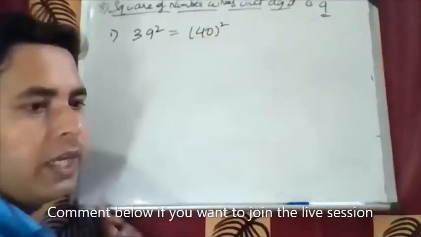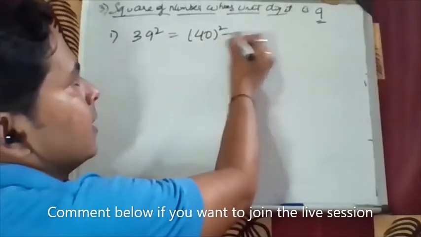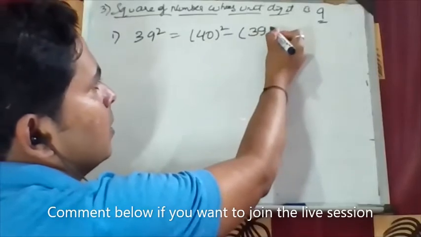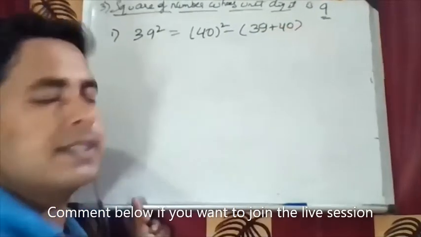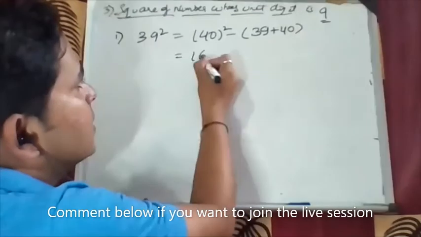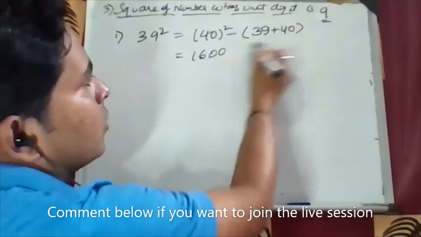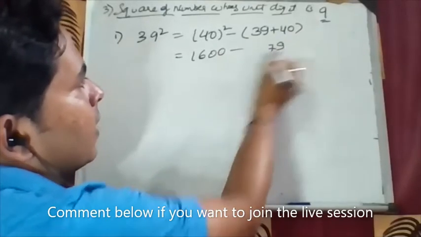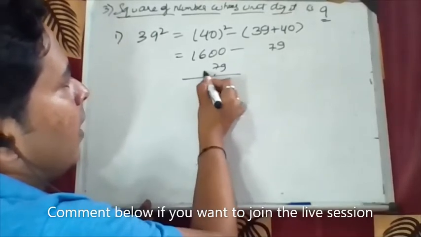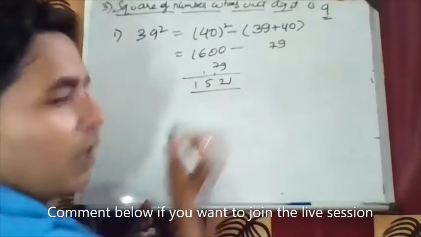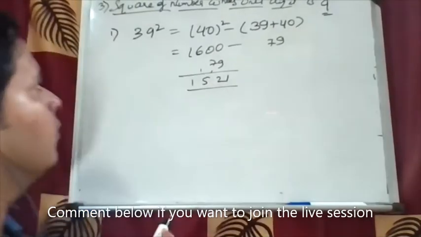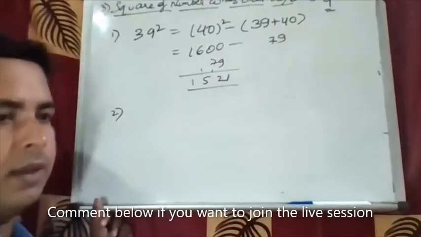Make a square of that 40, then subtract 39 and its successive number 40, the sum of them. So here 1600 comes. Subtracting 79 gives 1521, which is the answer.